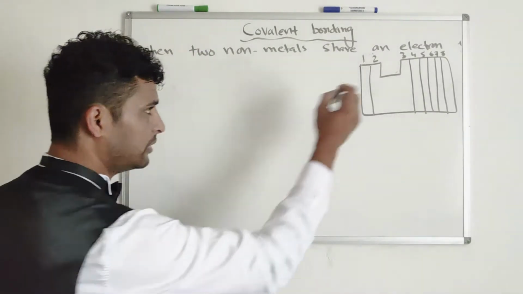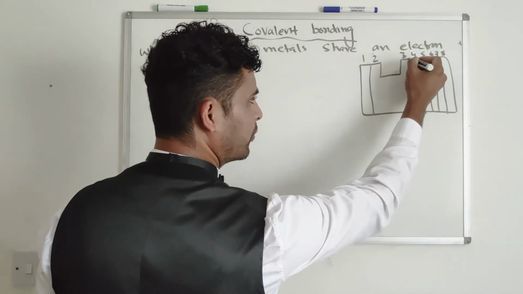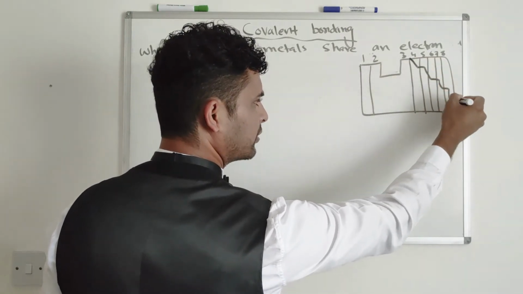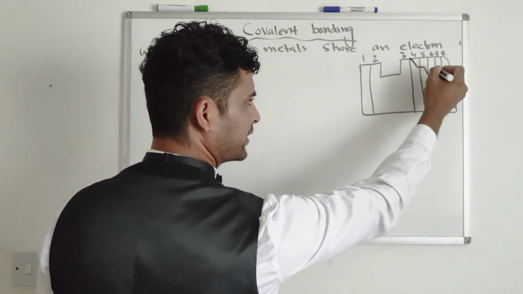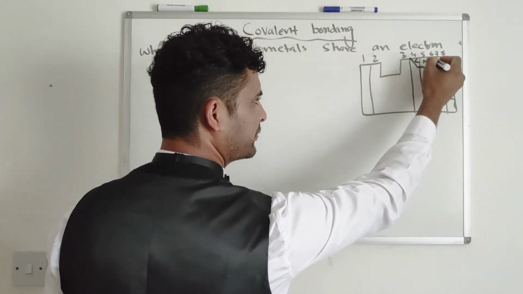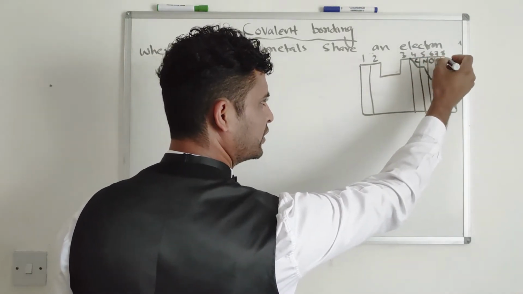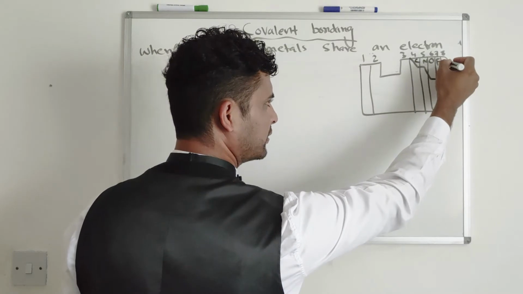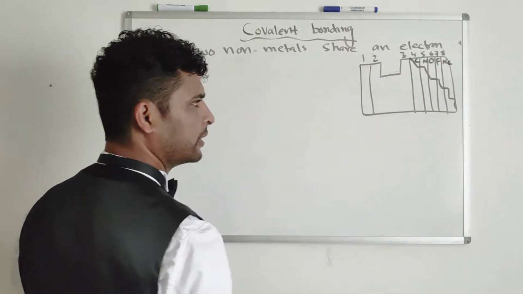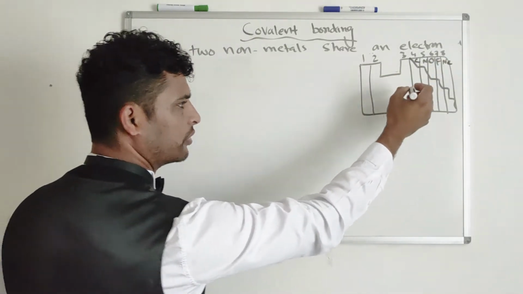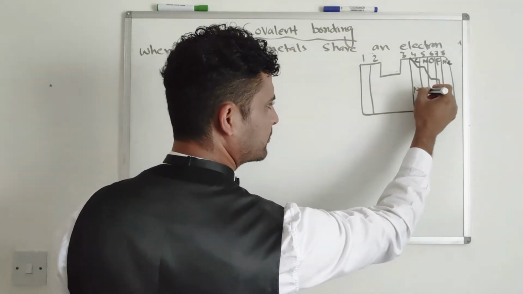Now, after group 3, most of this area, where you have carbon, nitrogen, oxygen, fluorine, and neon, all of these are called non-metals.